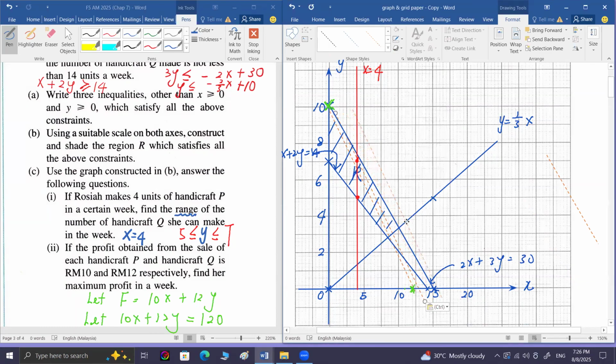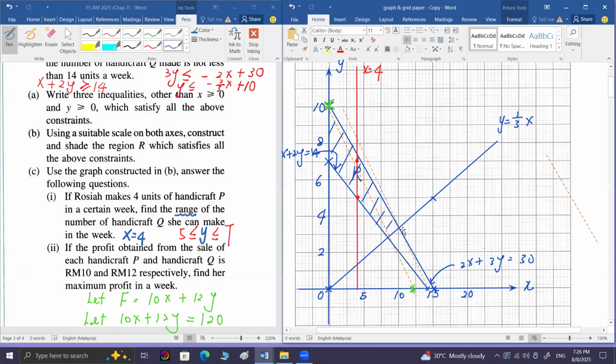So now, I shift it to the maximum. Can you see this point? Okay, maximum, a bit up only. But class, again, you see this point? This point is not suitable because it's not a whole number.